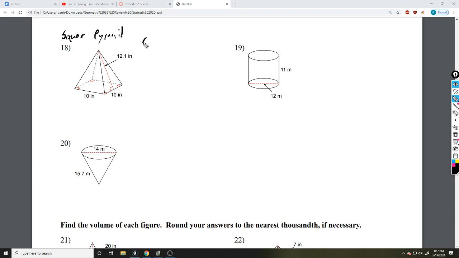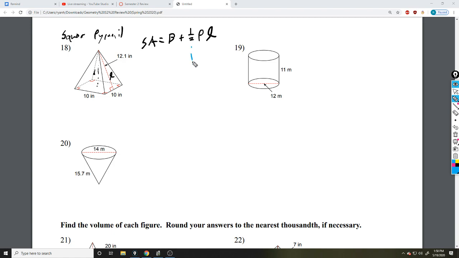So our surface area formula is just area of the base, since there's only one base, plus, since these other surfaces are triangles, 1/2 perimeter times our slant height. Remember, our slant height is our distance scaling up the pyramid, as opposed to our height, which would be straight from the center up. So this is our height. This would be our slant height, which is what we're actually interested in.